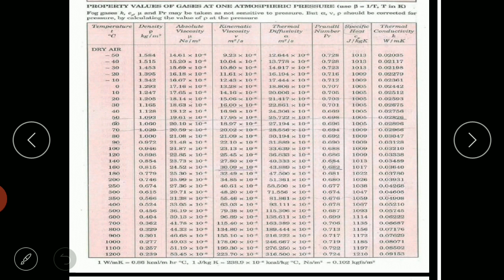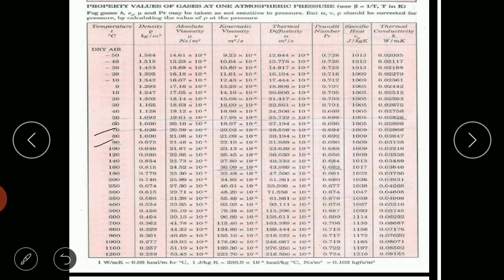Here you can see we are taking the properties at 70 degrees Celsius and 80 degrees Celsius. There is no 75 degrees Celsius in this, so to find the middle temperature we have to go for either interpolation, or depending on the value we can take the average, but interpolation is preferred.